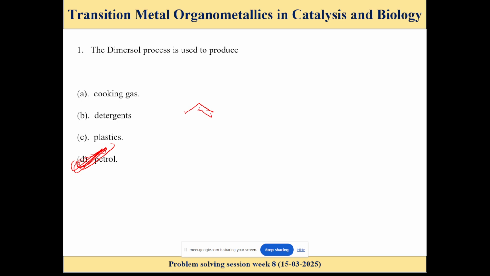If you have alkene, let's say C3, it will dimerize in the presence of a catalyst to give a number of branched dimers, like this, and the last is this.